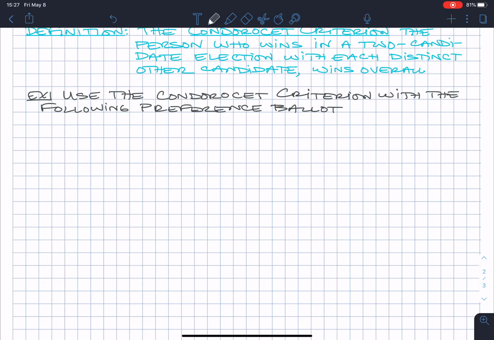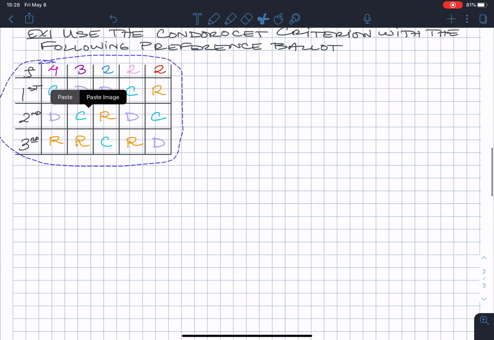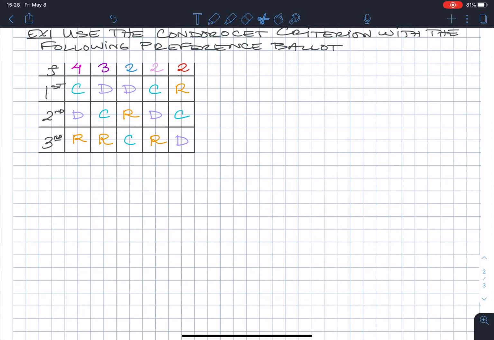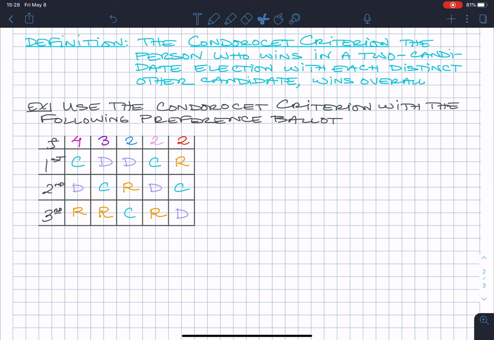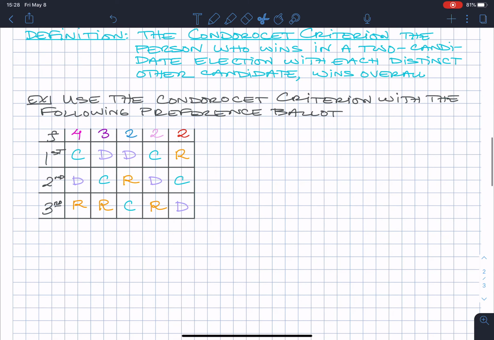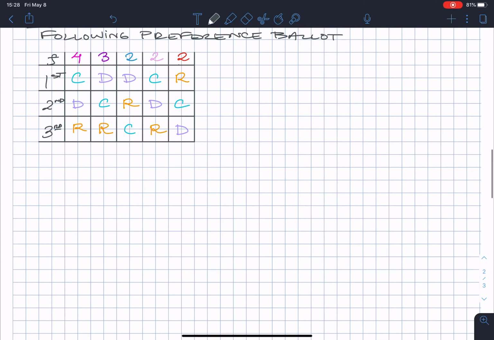Do you know what I'm going to do? I'm just going to use this preference ballot that we already have, so you can just copy and paste it, so we're not having to make a new one up each time. Okay, so this is the results. So the Condorcet criterion says that in a 2-candidate election, let's do first cats versus dogs.